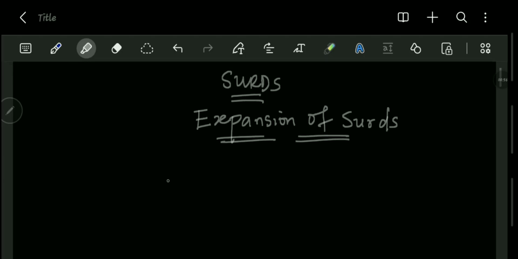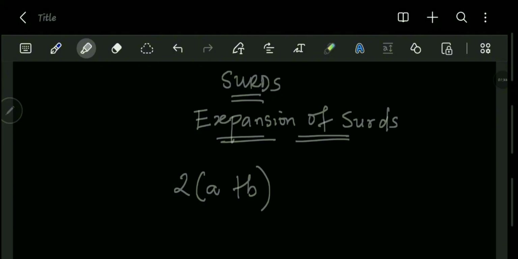Let's say you are asked to expand 2 into a plus b, something in this form. Now, whenever you are expanding, it is important to know that you are to use the number or the sign or whatever is closest to the bracket to expand the bracket.